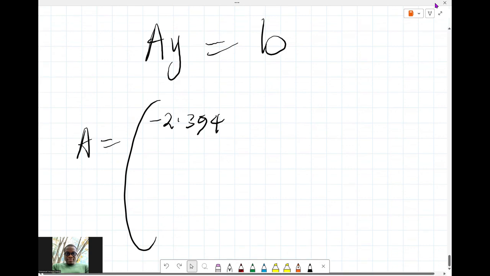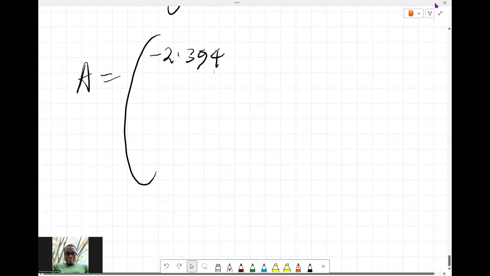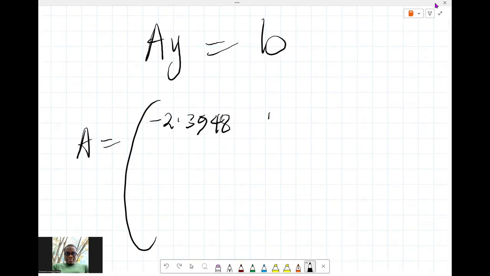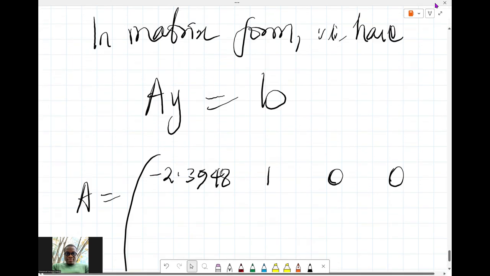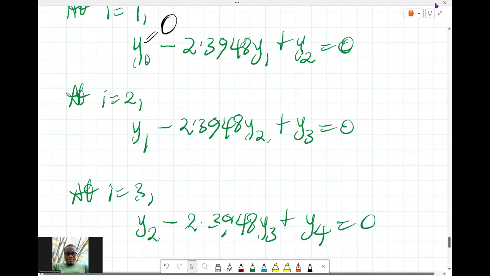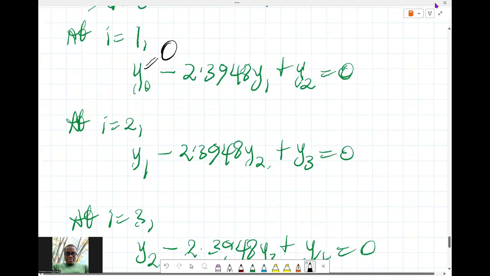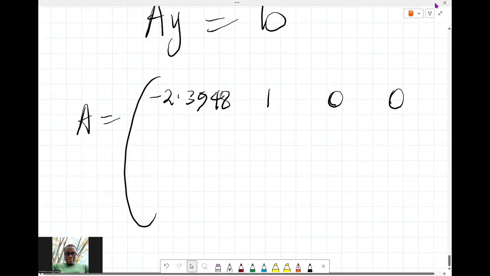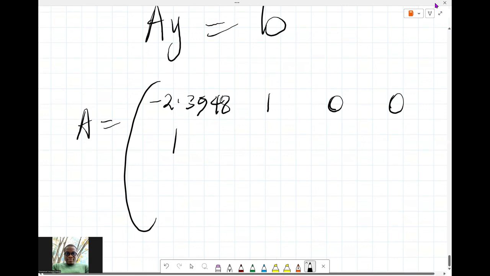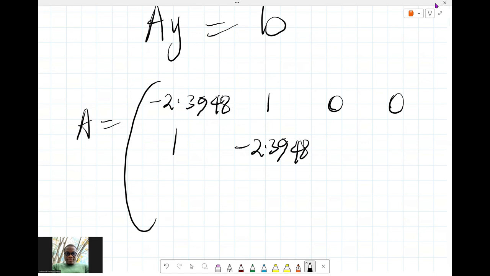Let me give you some space because we'll need that later. So we have 1, 0, 0. Okay. Then next, here the coefficient of y1 is 1 and y2 is minus 2.3948. Then we have y3 is 1, and y4 is 0.